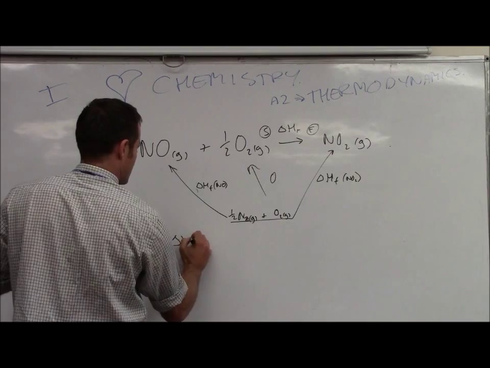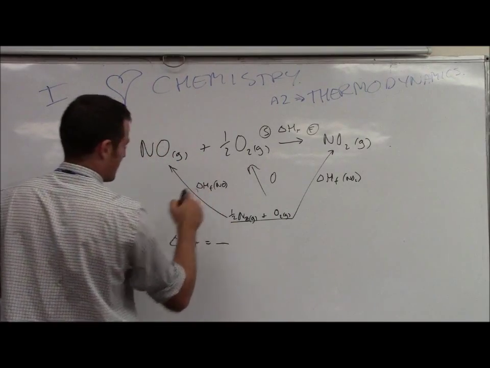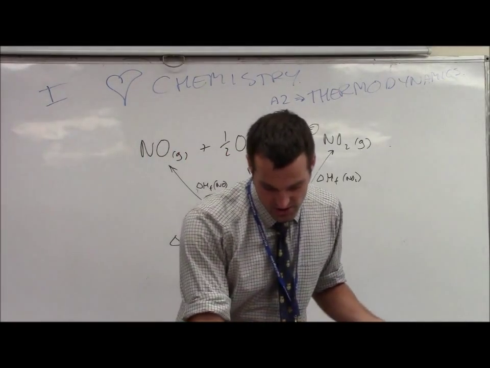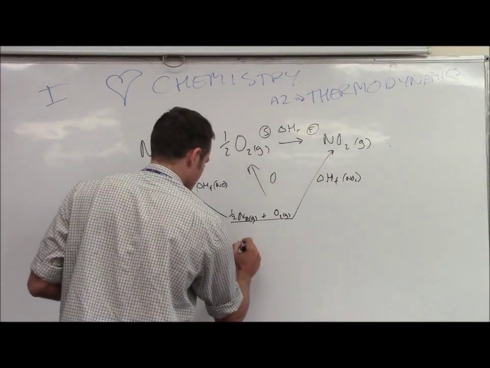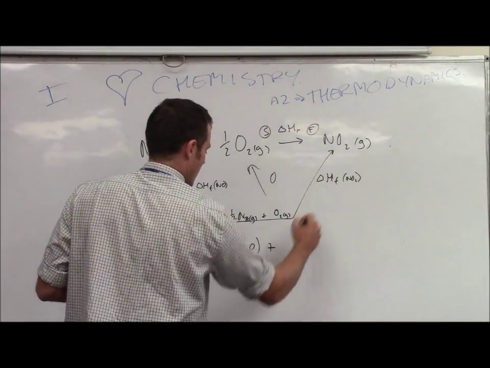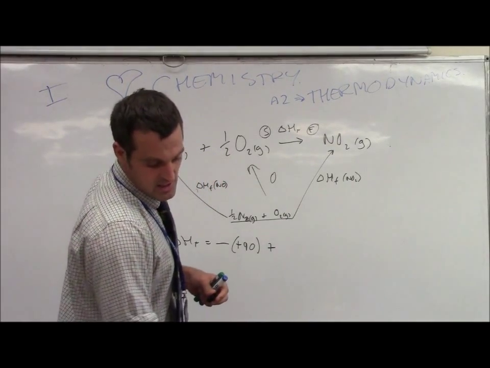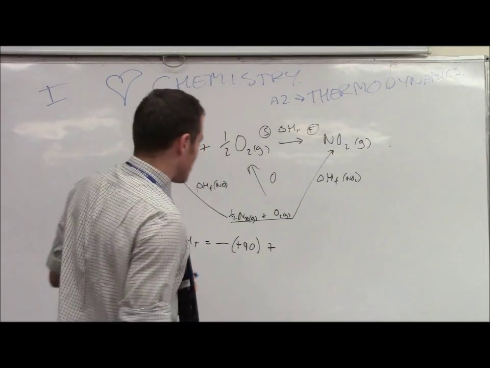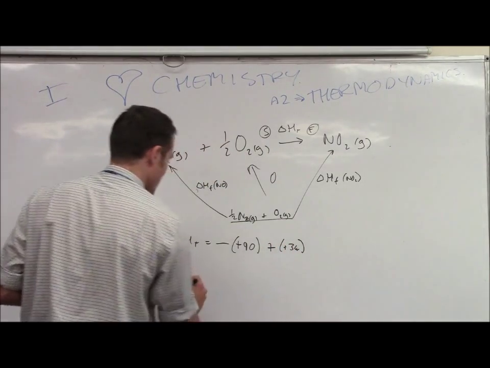So delta HR equals the negative of this enthalpy of formation of nitrogen monoxide, which I'm told is plus 90, so negative of plus 90, and then plus, because I'm going with this arrow, whatever that value is for nitrogen dioxide, which is 34 kilojoules per mole.